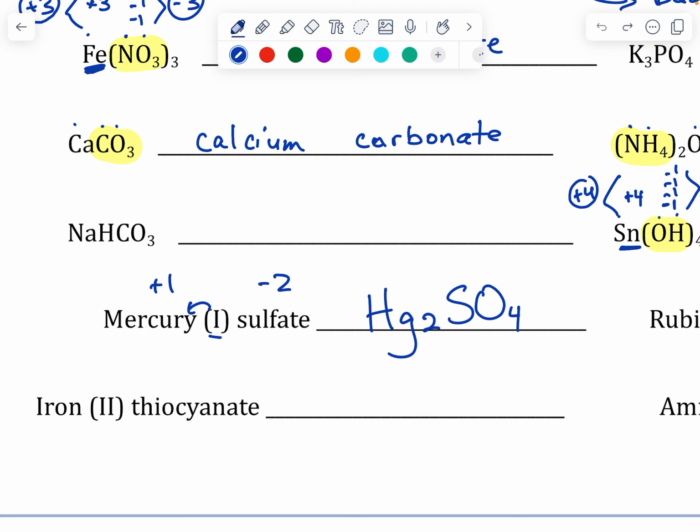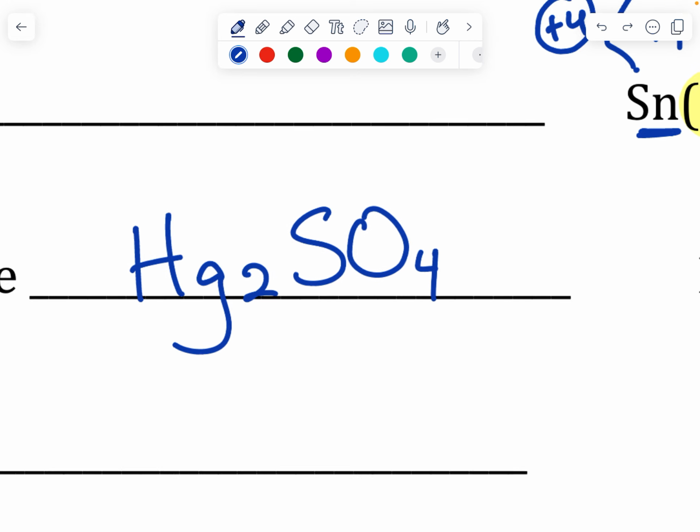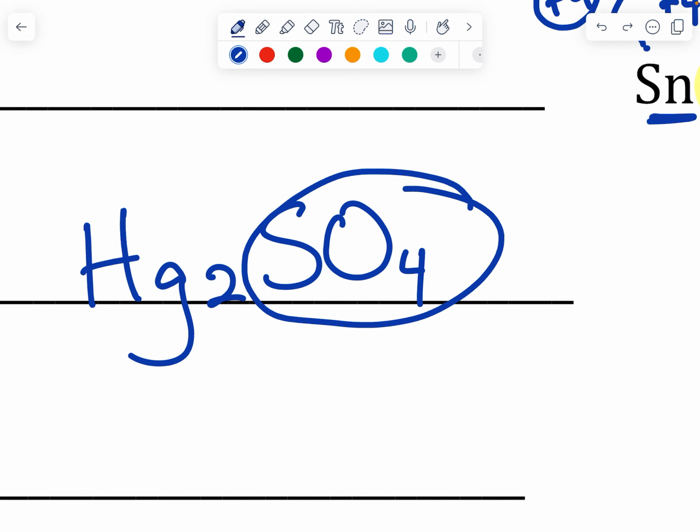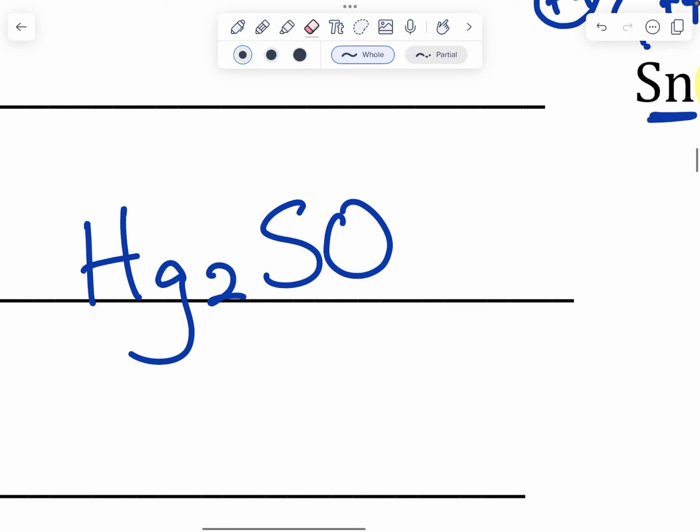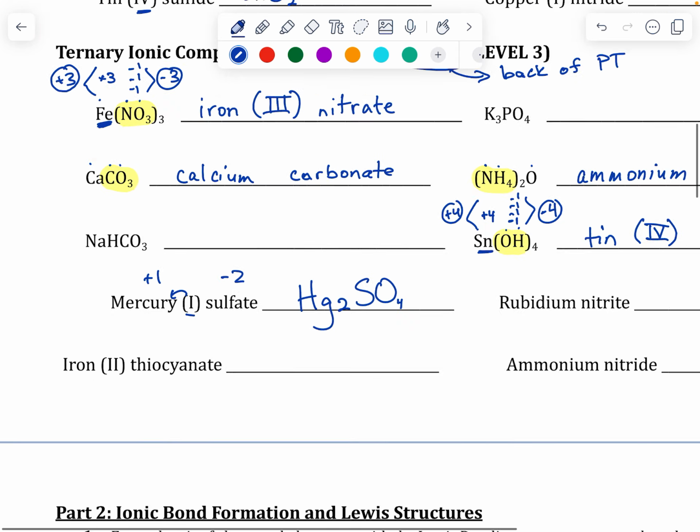And that's why I will usually not incorporate parentheses around that polyatomic if I only need one of the group. But you can also see that even though I only need one group for sulfate, I still keep this 4 there, all right? I don't just get rid of it because that 4 is part of the identity of the sulfate ion itself. So I can't change that.